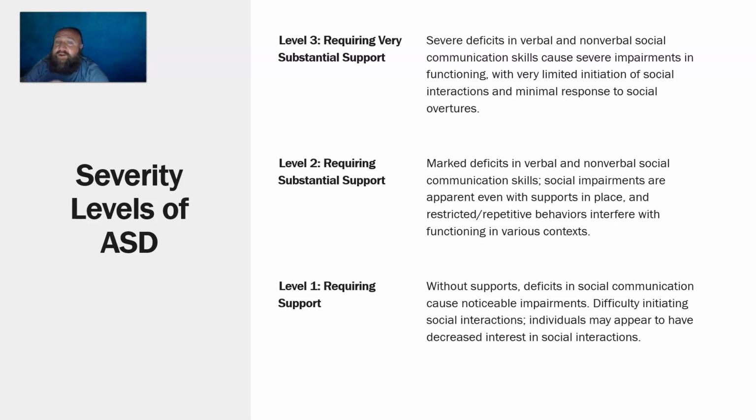Level 2 is requiring substantial support. So this is sort of in the middle between the high functioning and the low functioning. With level 2, there's marked deficits in verbal and nonverbal social communication skills. Social impairments are apparent even with supports in place.